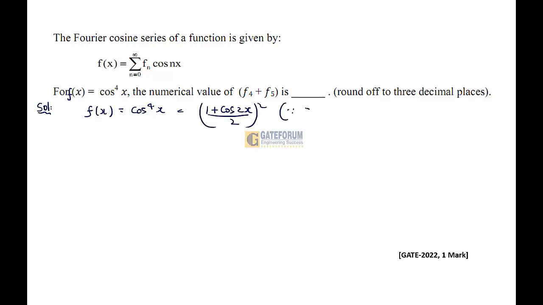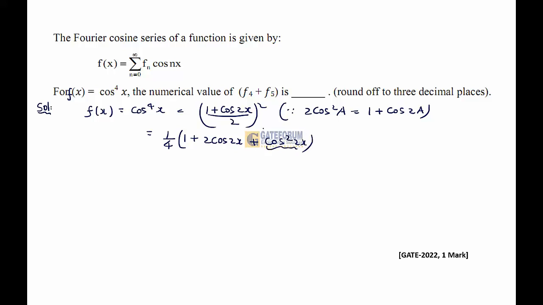Now 1 by 2 whole square, 1 by 4, expanding by (a plus b) whole square: 1 plus 2 cos 2x plus cos square 2x.